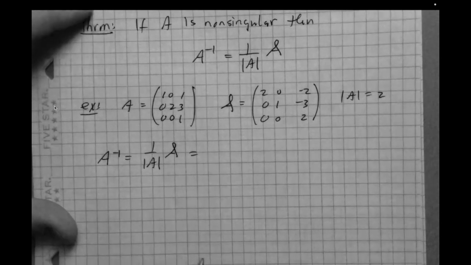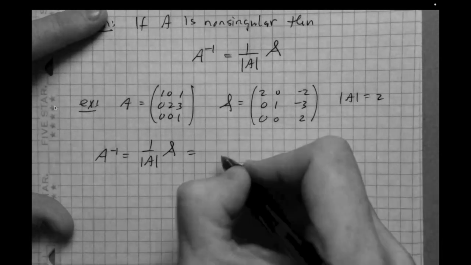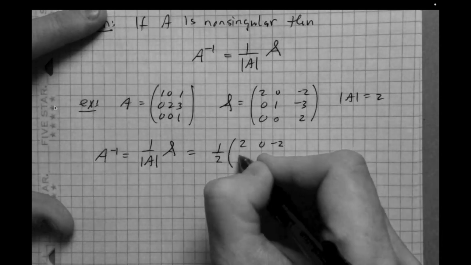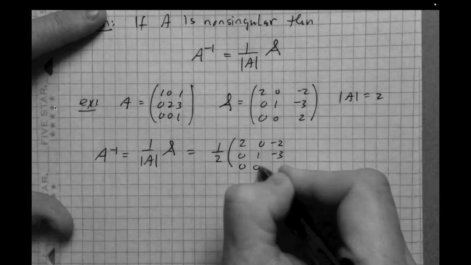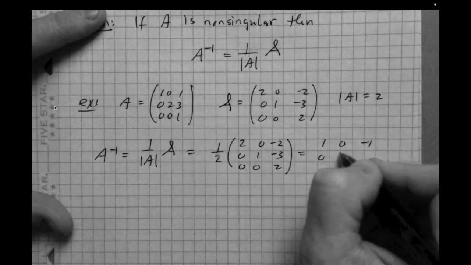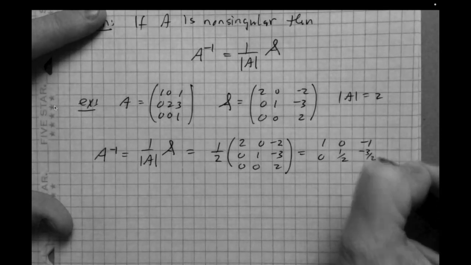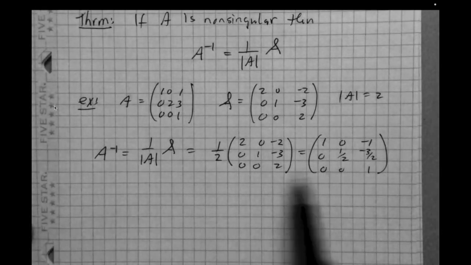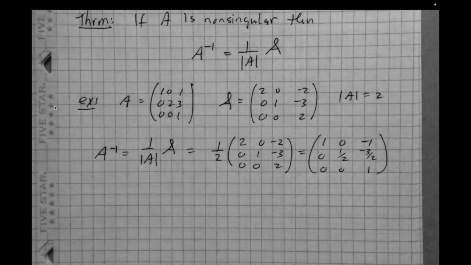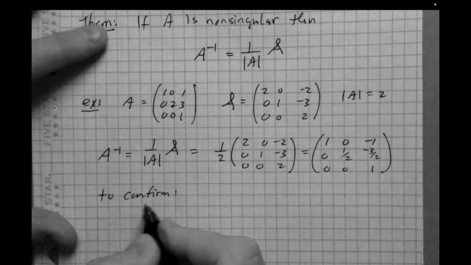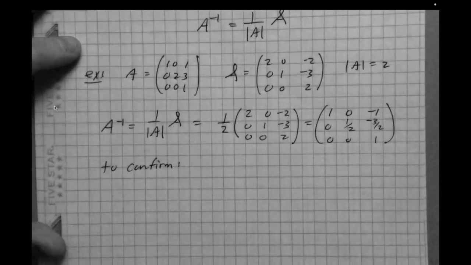So let's combine these two and see if it does indeed produce an inverse. 1 over 2 times this matrix, [2, 0, -2; 0, 1, -3; 0, 0, 2], and you get [1, 0, -1; 0, 1/2, -3/2; 0, 0, 1]. Okay, and so we're saying this is the inverse of this matrix. How can we test that? Well, we could multiply them together and see if we get an identity matrix.